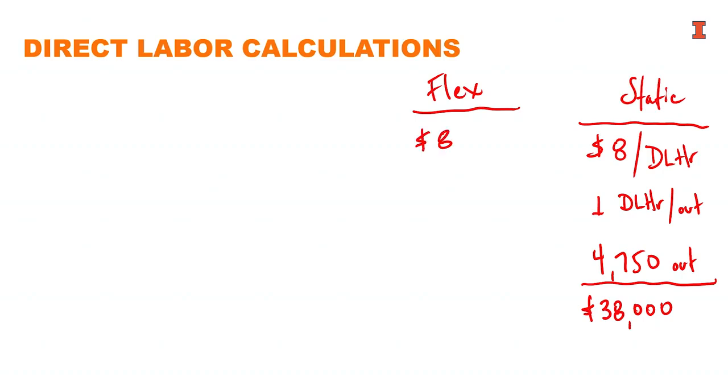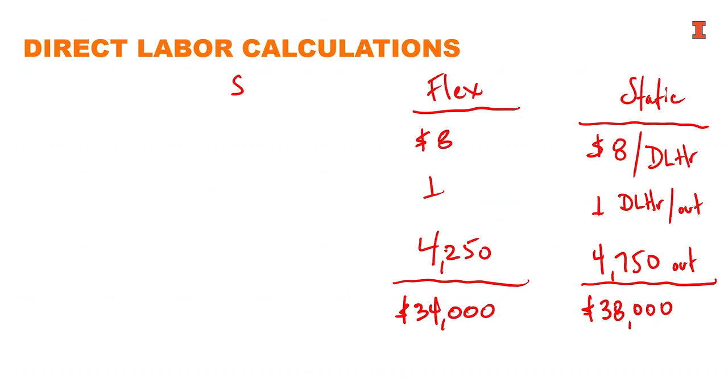So we have our $8, our 1 direct labor hour per output, and instead of 4,750 planned or expected units, we actually produced 4,250 units of output. Multiplying the 8 times the 1 direct labor hour per output by the number of units that we actually produced, 4,250, yields $34,000.